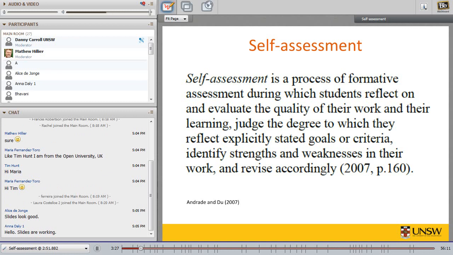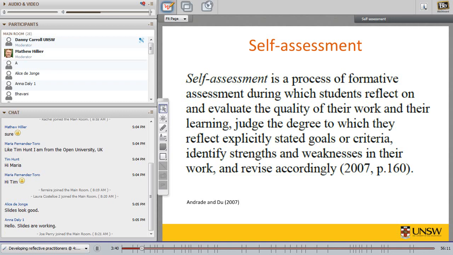So while self-assessment practice is often situated in a formal assessment context, when we get students to formally self-assess the quality of their work, in a sense, what we are doing is we're modeling a very important reflective practice. And so the things that we do in assessment to help students do self-assessment better, with more rigor and more realistic self-assessments, I think a large part of that is to encourage them to take that practice away into their individual practice.